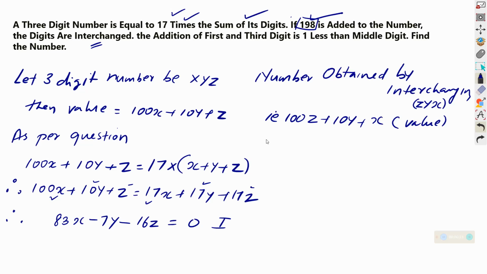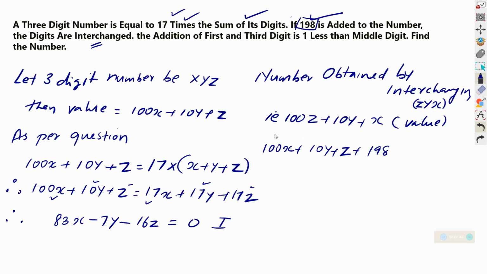That means I will write here: 100x plus 10y plus z, the original one, plus 198.